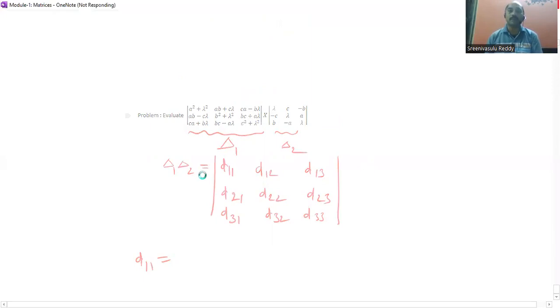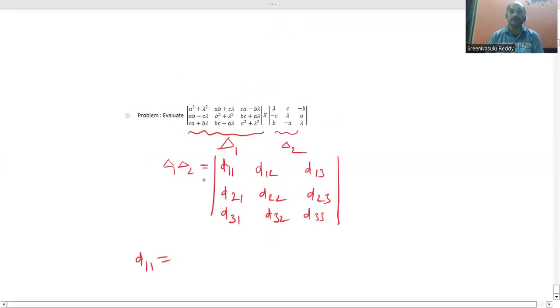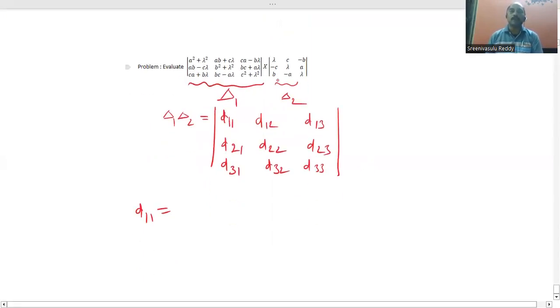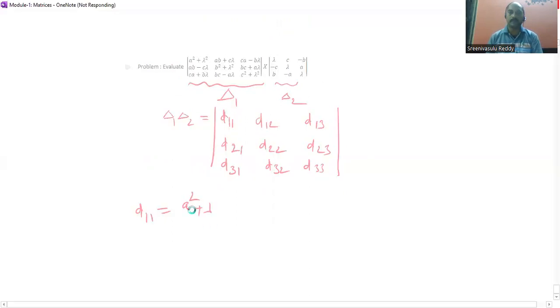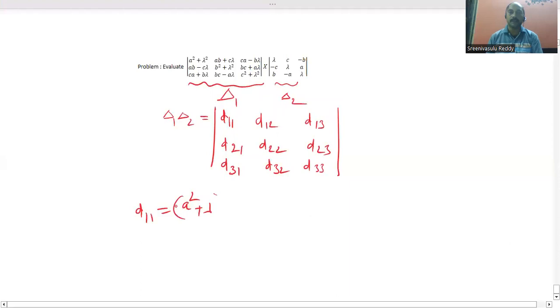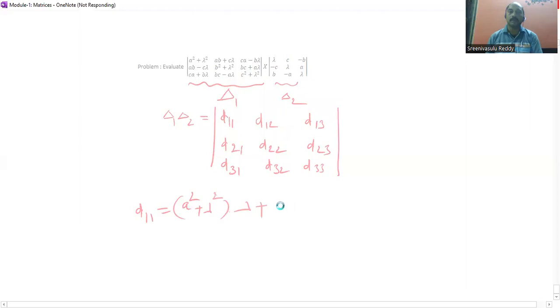So D11 value is a square plus lambda square into lambda, first element, plus second element into second element.